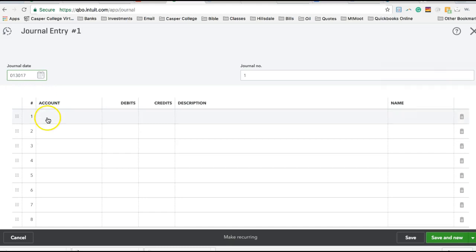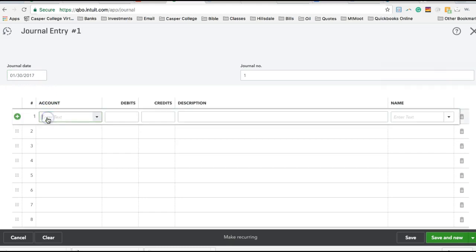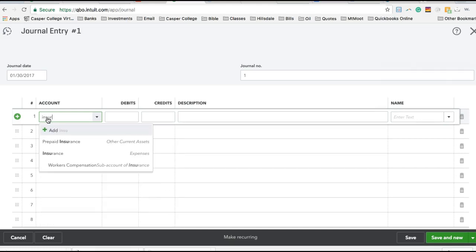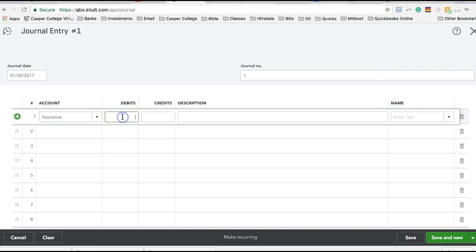So very, very important. This is really a simple entry. We're actually going to increase an expense account called insurance expense. We should have an account in there for insurance. And we see here, this is the big deal right here, expense account.